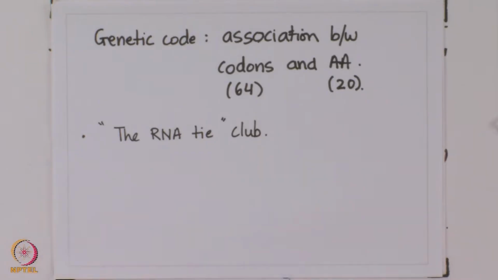Biology would have posed a very neat solution if there were only 20 codons, each one corresponding to a distinct amino acid. But the fact that there were 64 which somehow corresponded to 20 posed a problem. The people belonging to the RNA Tie Club, Feynman, Crick, Watson, were members of this club. The club had 20 members, each one corresponding to an amino acid, and their discussions were geared towards figuring out the code going from 64 codons to 20 amino acids.